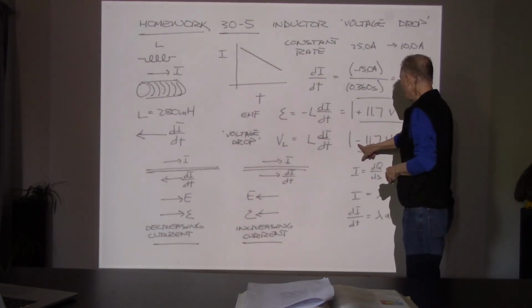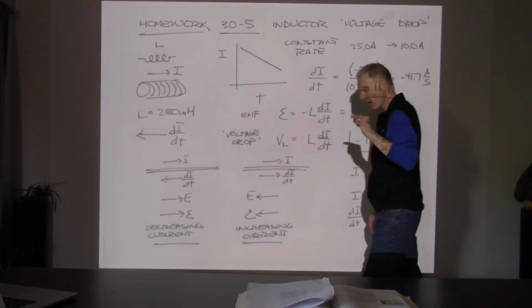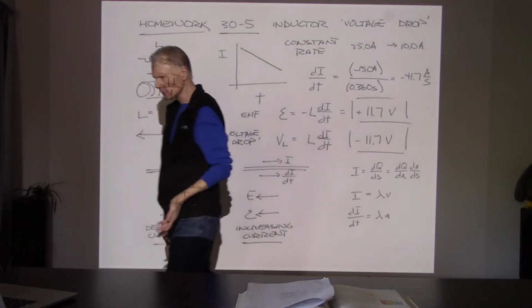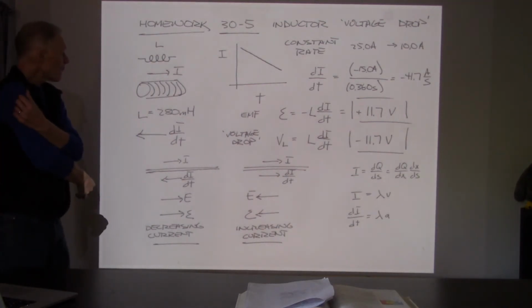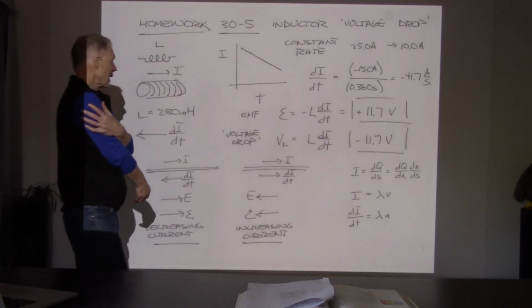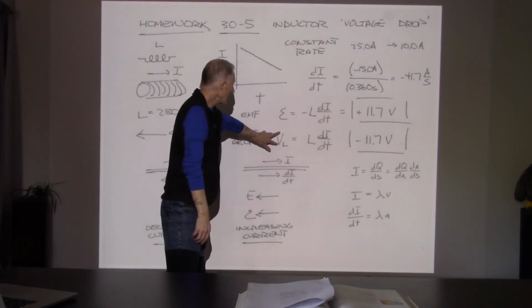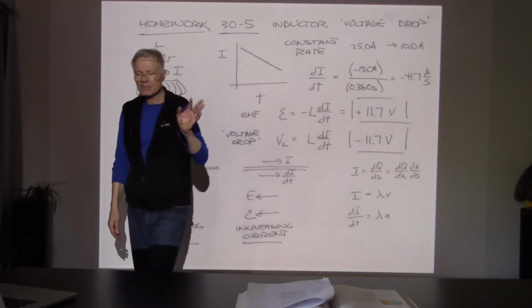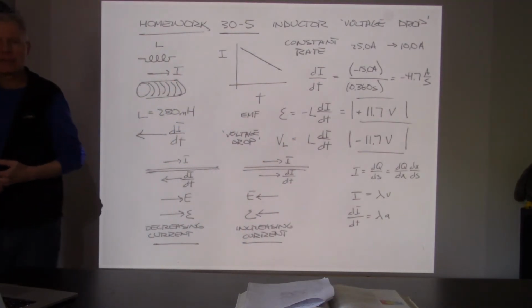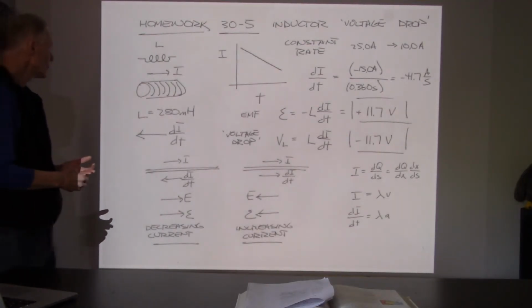So the voltage drop would actually be negative 11.7 volts. Well, if I have a voltage drop that's negative, that means I have a voltage boost. And so for this example, that's how we would interpret it. Now when we write down our formulas with voltage drops, I can just use V_L is equal to L di/dt, and the signs will take care of themselves. And that's what we've been doing when we've derived the formulas that we've been using for these.